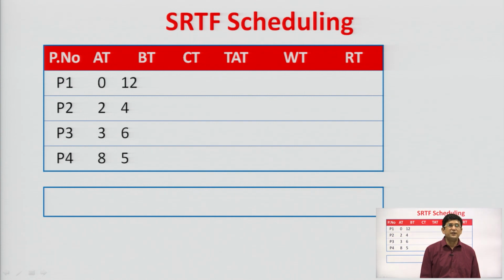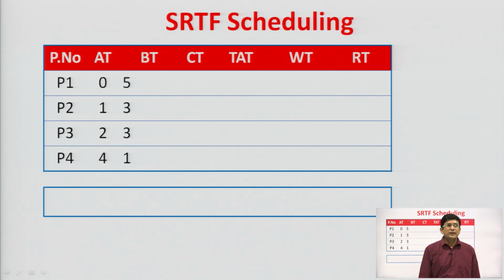You can verify that P2 has a burst time of 4, P3 has 6, P4 has 5, all less than P1. Even after the execution of 2 units, the remaining burst time for P1 will be 10, which is larger than the burst times of P2, P3 and P4.